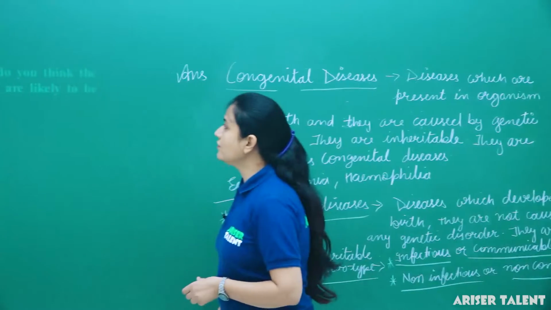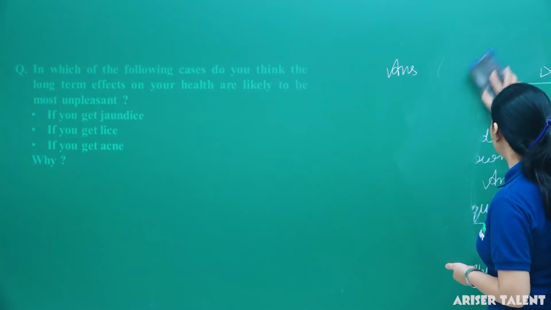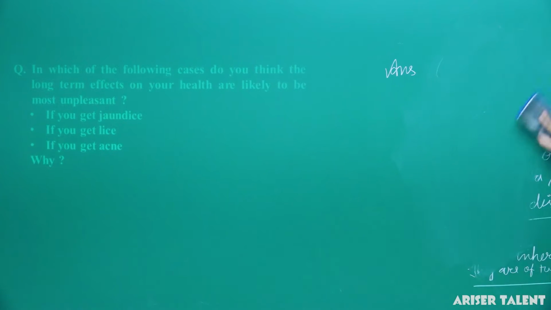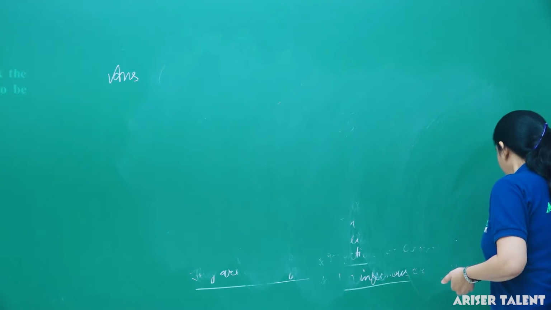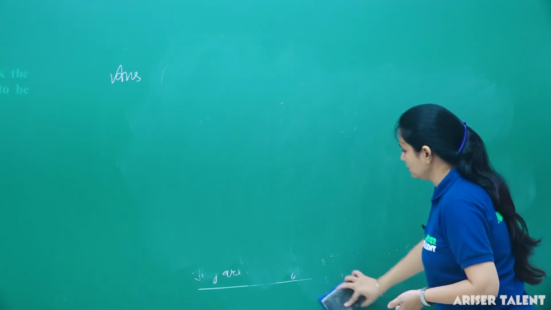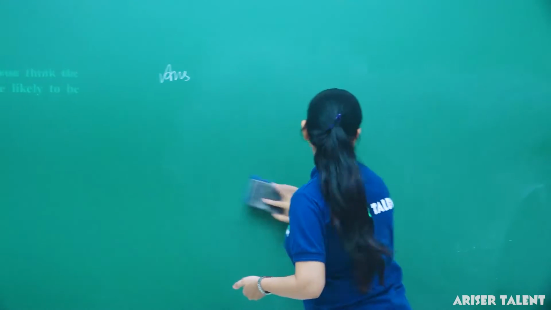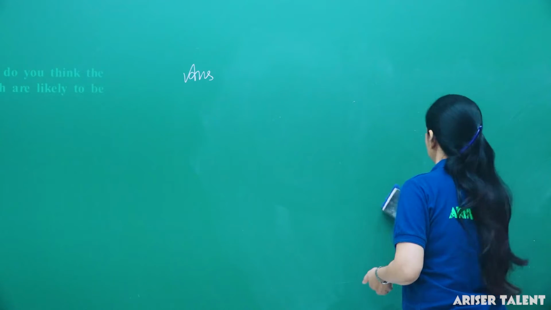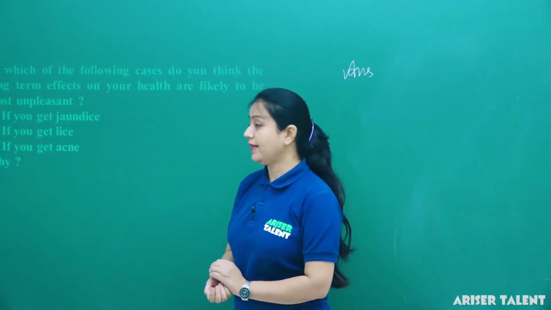Next is, in which of the following cases do you think the long-term effect on your health is likely to be most unpleasant? If you get jaundice, lice, or acne, why?